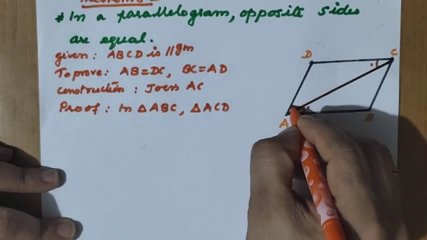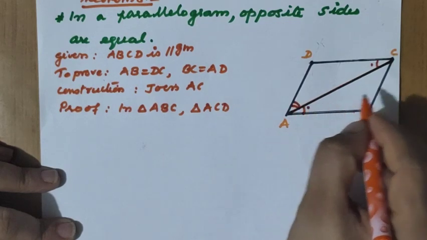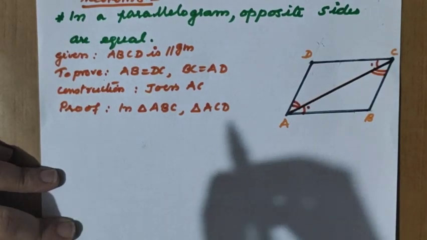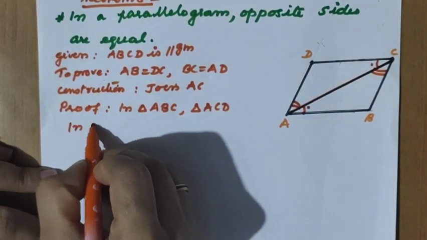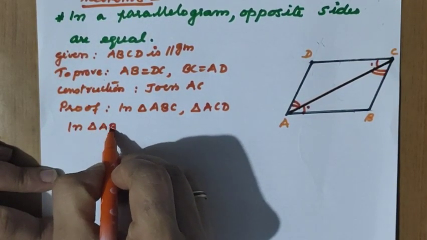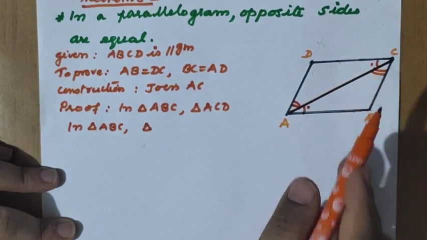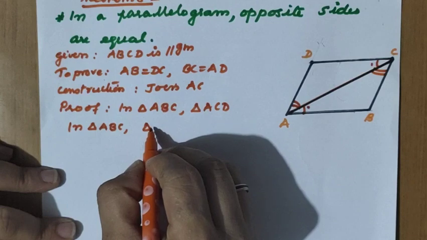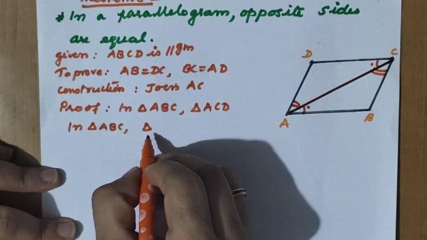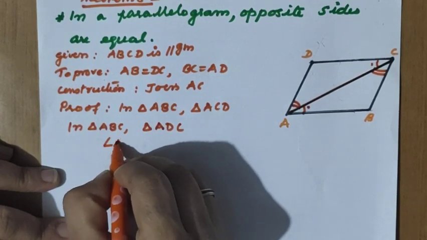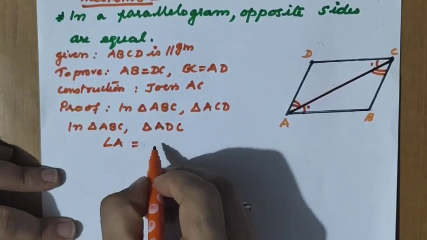Now what is the second criterion? This angle is equal to this one, angle C only. The first angle in triangle ABC, which is the equal angle, I have marked angle A, and in triangle ABC the second angle is angle C. So the triangle names I should write correctly as ABC and ADC. If I am writing angle A, which angle in ADC is equal?